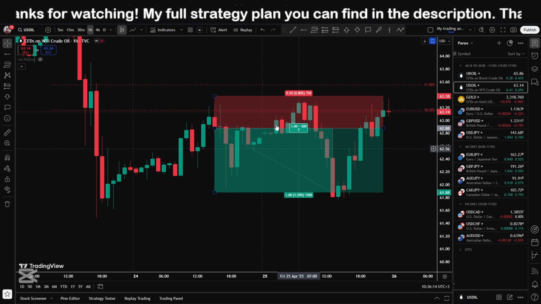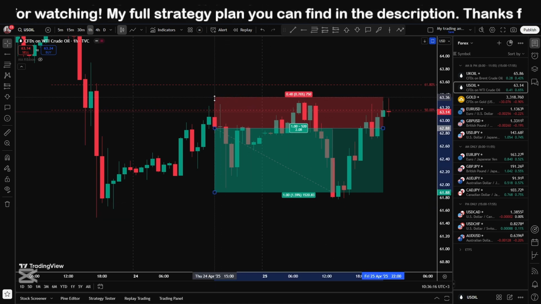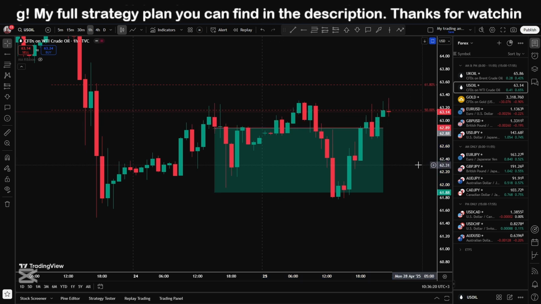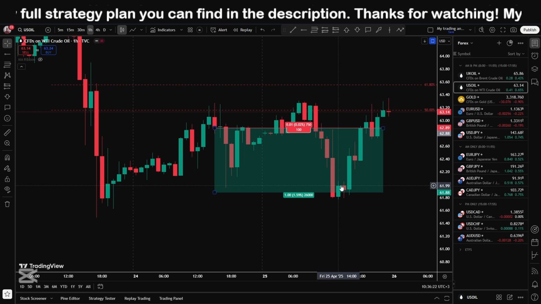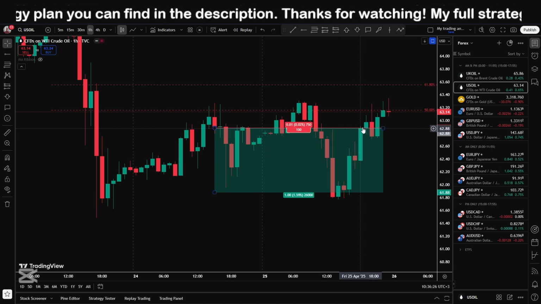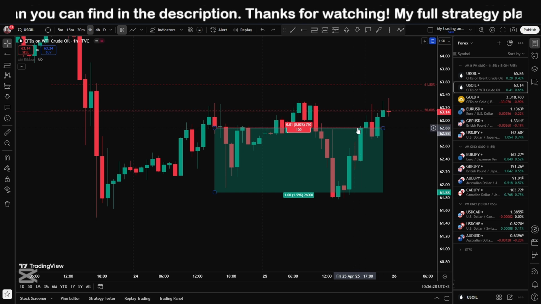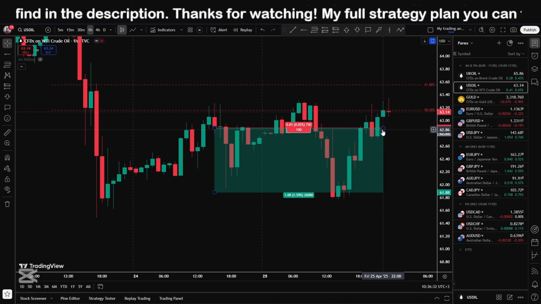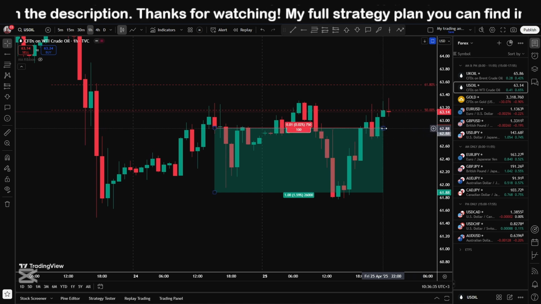In that moment, I move the stop loss to break even, and then you see how the price reaches this break-even point, and I exit from this trade with break-even, no loss, no win.